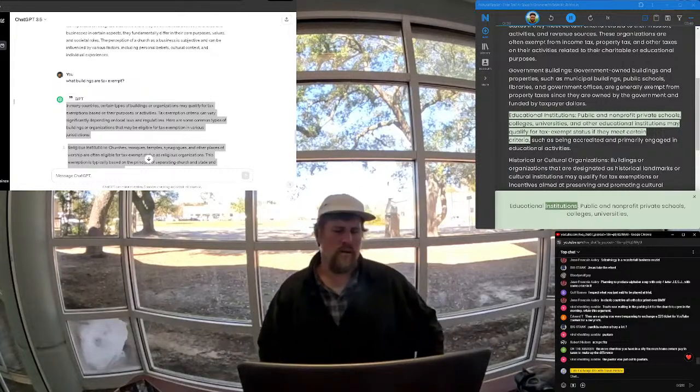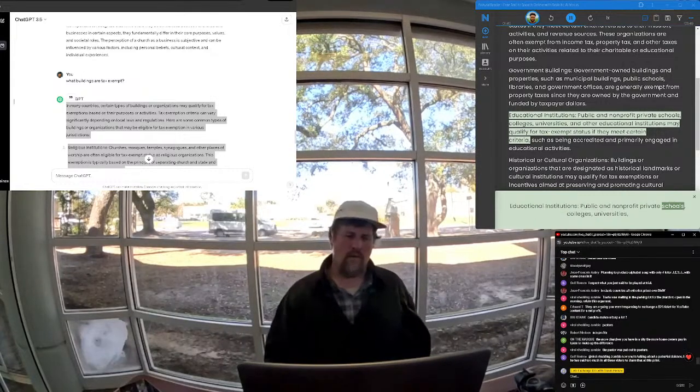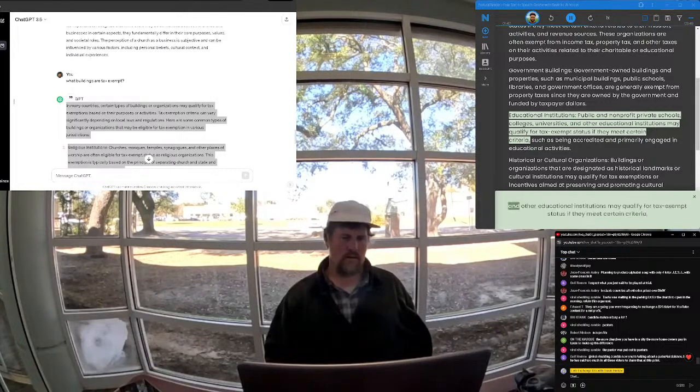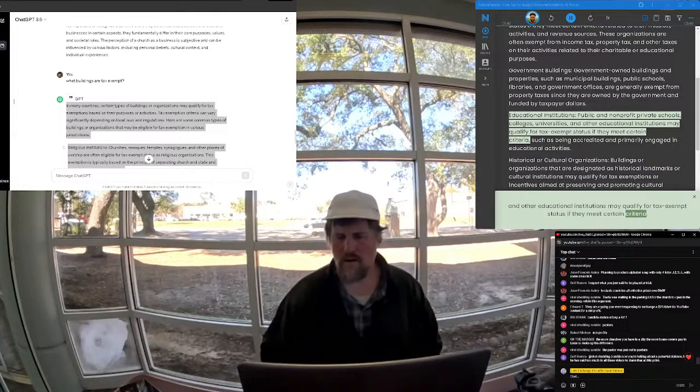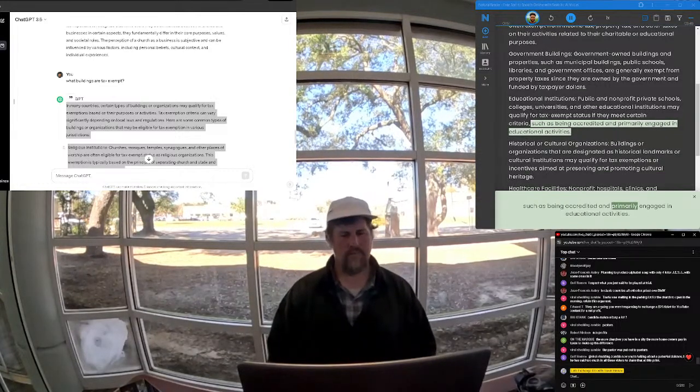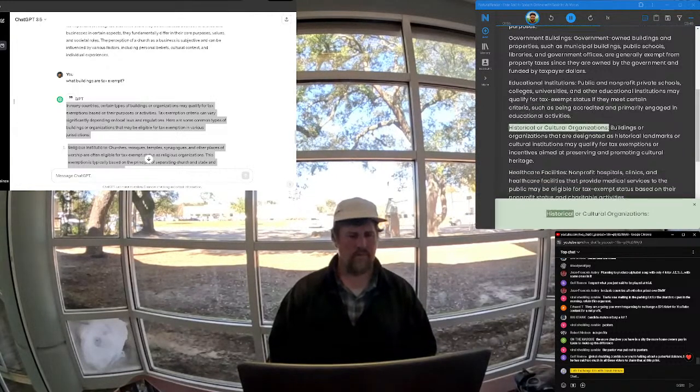Educational institutions, public and nonprofit private schools, colleges, universities, and other educational institutions may qualify for tax-exempt status if they meet certain criteria, such as being accredited and primarily engaged in educational activities. Historical or cultural organizations.